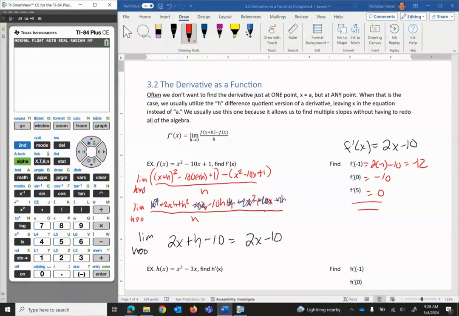And if we want to, we can check this out in our graph. x squared minus 10x plus 1.